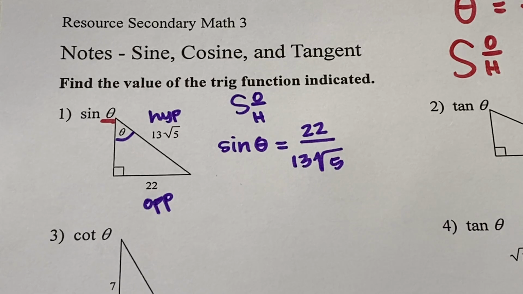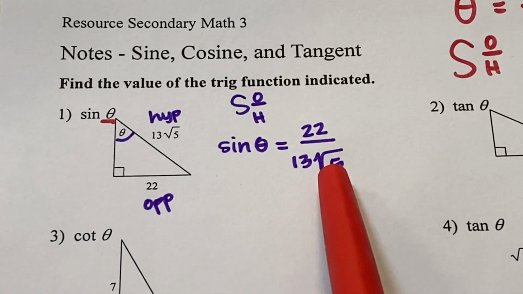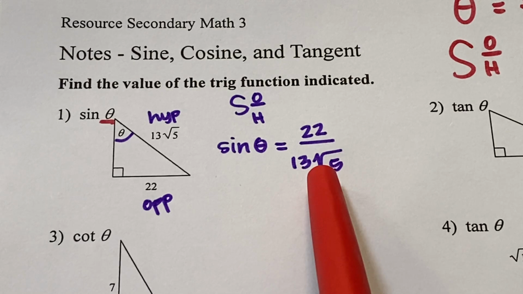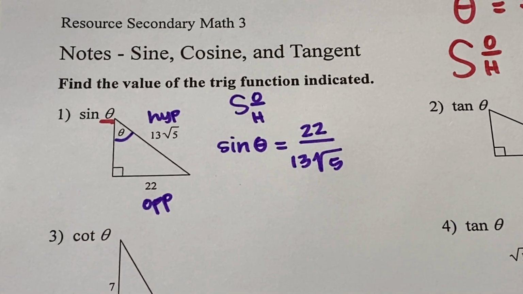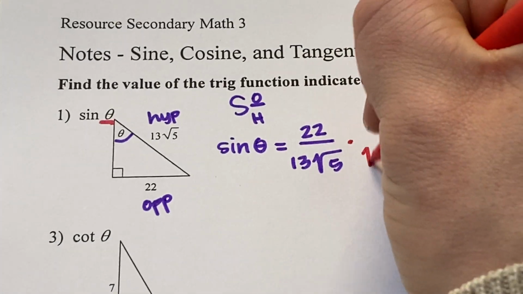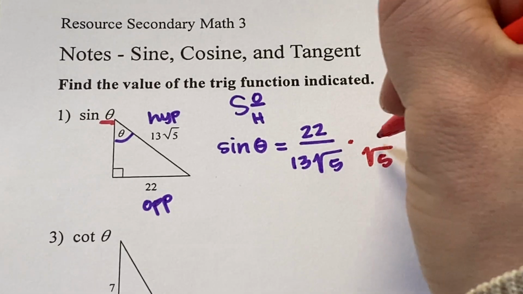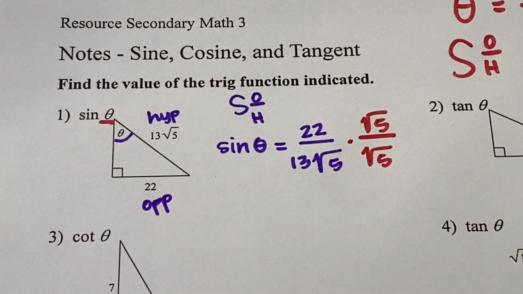There's a rule in math. Just like we can never have 0 on the bottom, for some reason mathematicians hate having radicals on the denominator. So this root 5, we've got to get rid of it. It's not too hard. What we're going to do is multiply the whole thing by root 5 over root 5.